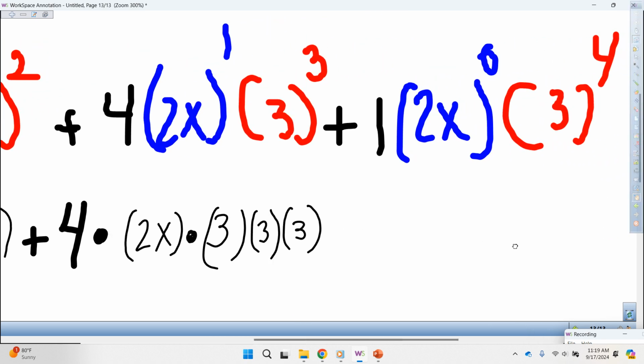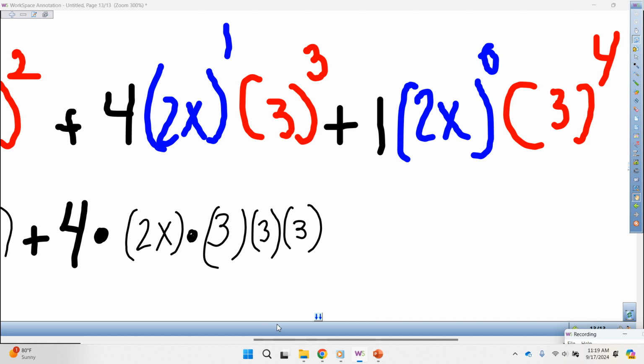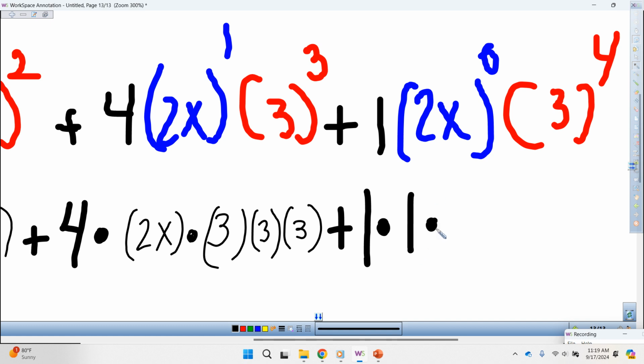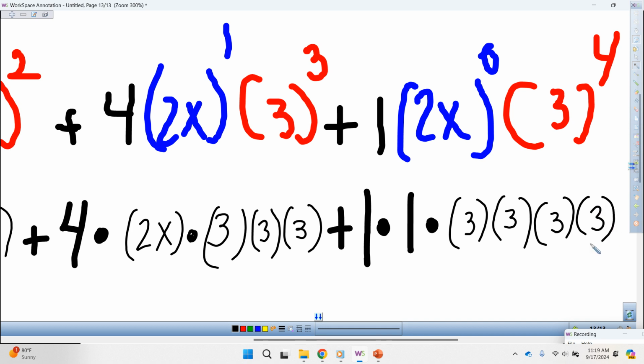Our last one, bring down the plus sign. Bring down the 1 times. What is 2x to the 0 power, everyone? 1 times 3 to the 4th power is 3 times 3 times 3 times 3.